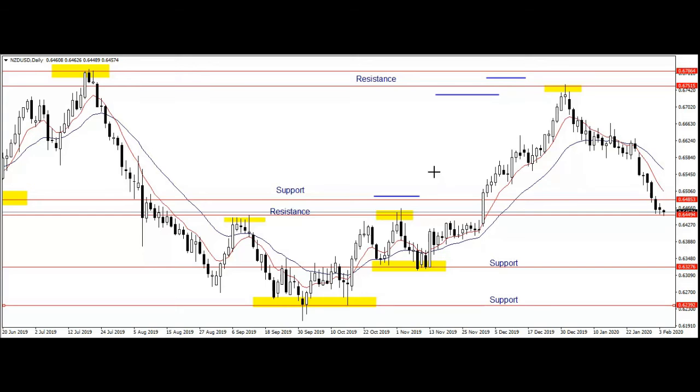We do have some resistance here around this 64490 area, and we have previous support here at the 63270 area, and of course support here at around this 62392 area.